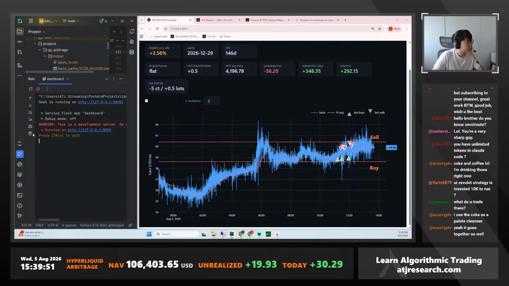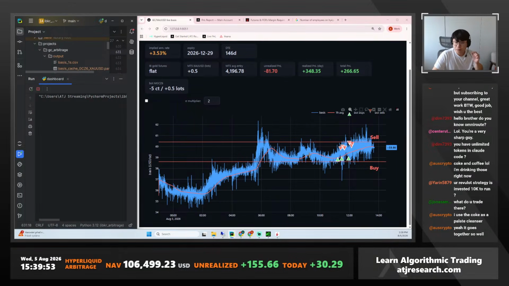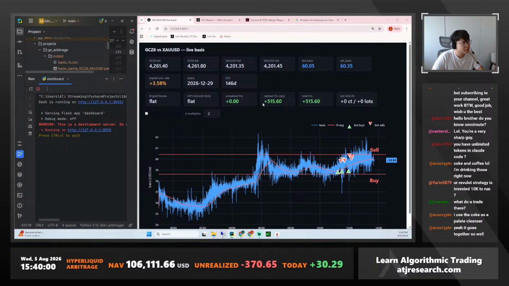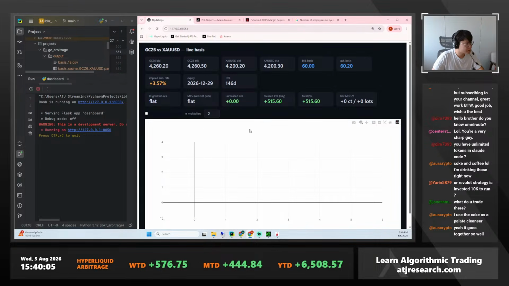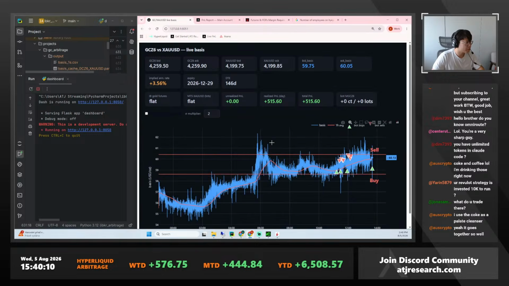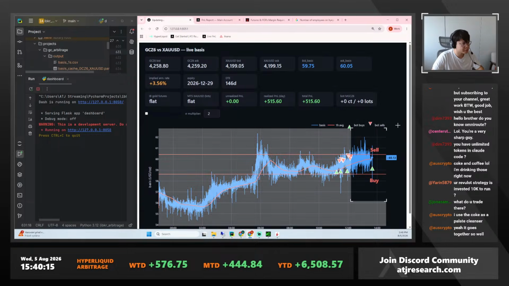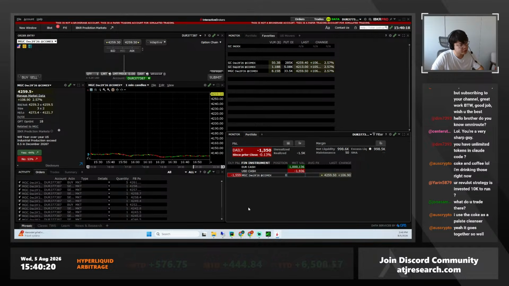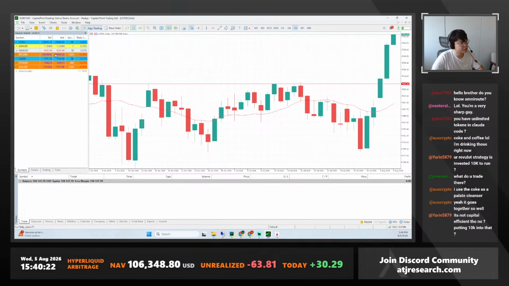Okay, so let's restart the dashboard. And I think we just found an exit. Nice. So we exited our position by restarting my dashboard. So what do we trade here? What you see here is the basis between GC futures, and wow, there's a big spike down. GC futures trade on Interactive Brokers. So these are gold futures, and arbitrage between MT5 CFDs, XAUUSD.